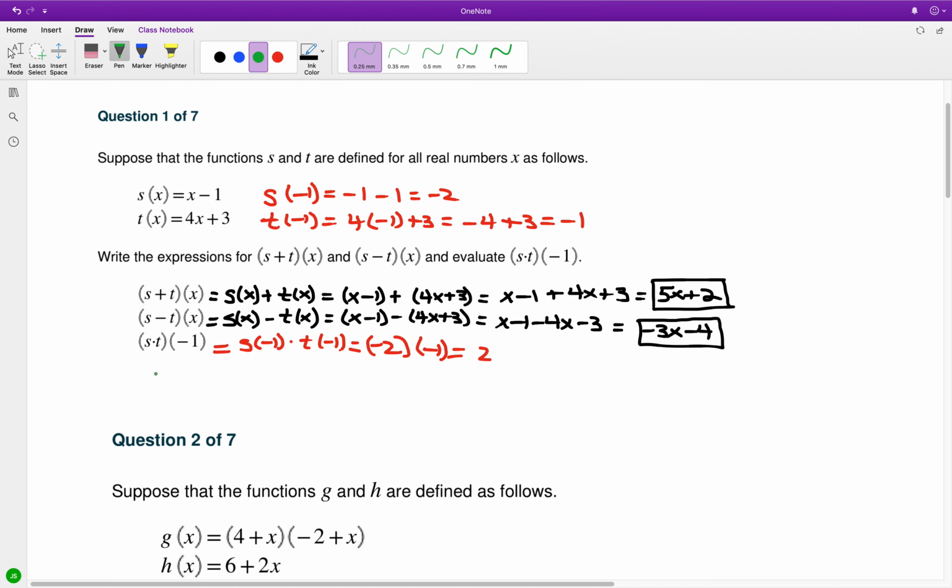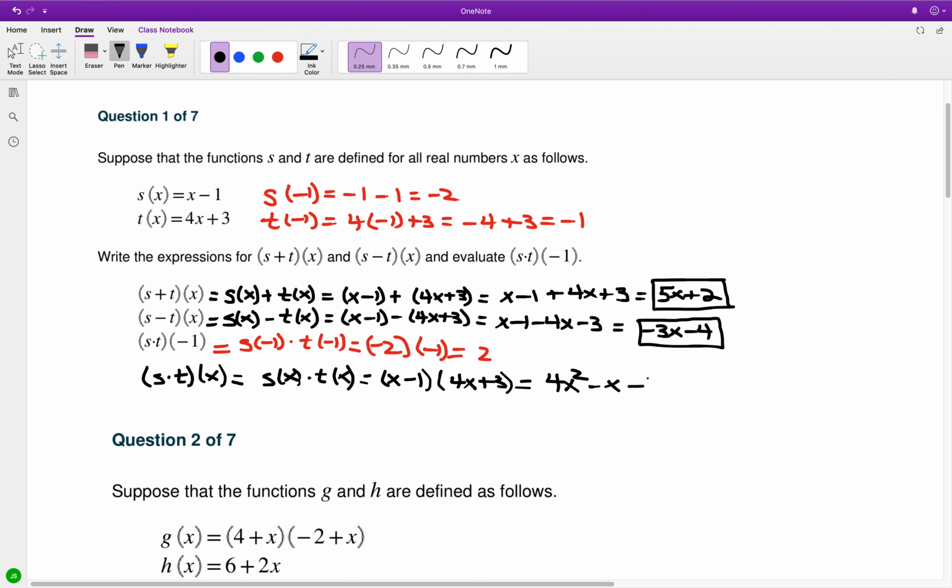Another way that you could do this is to take s times t of x, so I have s of x times t of x. Again, s of x is x minus 1, and t of x is 4x plus 3. If I distribute, I have 4x squared, and with the outside and inside products combining, 3x minus 4x, so I have negative x.